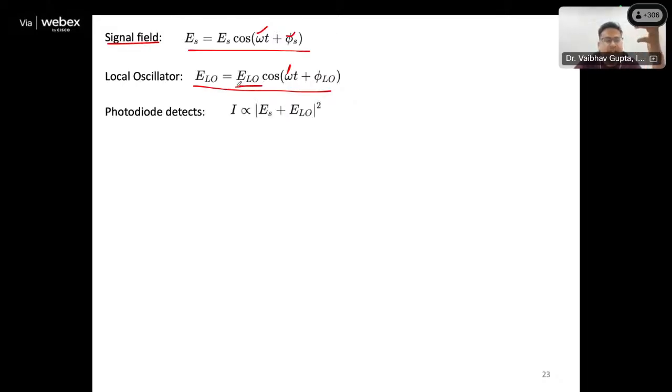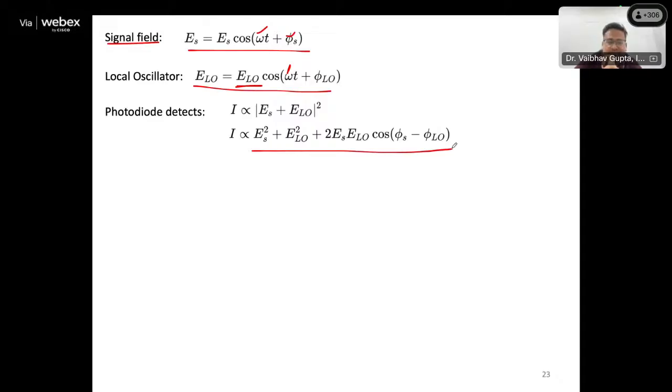Now what your photodetector is responding to is signal plus your local oscillator. Once you do that, you take this (a plus b) whole square, and you will end up with something like this. Now remember that this term is a DC term. This is also a DC term. This is the only term which is the AC term.